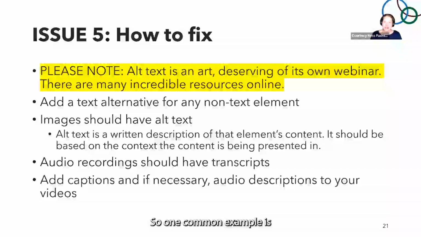So one common example is there's a little magnifying glass to indicate that there's a search bar, and that's where you search. So in the context of that web page with the search bar with the little magnifying glass next to it, we would want to put search as the description of that image, not magnifying glass.